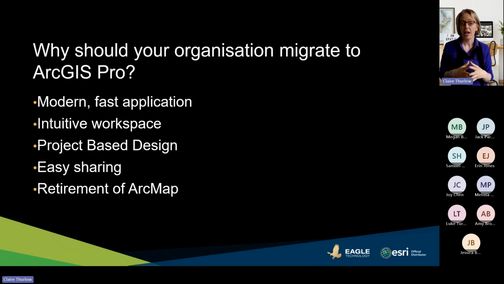It has a really intuitive interface and workspace, which includes being project-based. You have a project inside ArcGIS Pro and you can hang all of the maps associated with that project in that location rather than having multiple map documents all over the place.